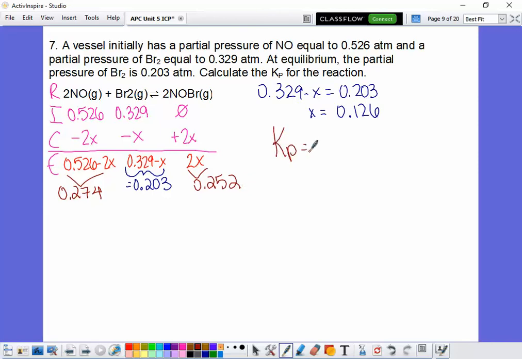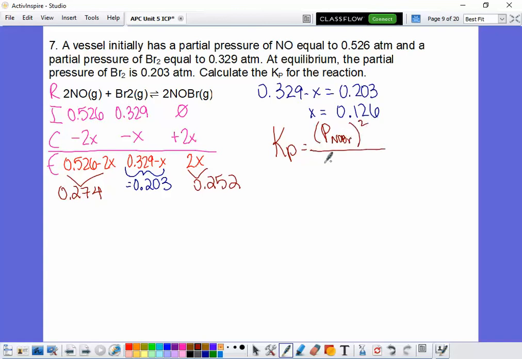Now, I think I talked about this last class, which I know was a week ago. When you're writing a Kp expression, Kc is for concentration. Those are the hard brackets. Kp is for pressure, and those are soft parentheses. And you're using a pressure notation. So at the top, it's going to be a big P, because that means pressure of NOBr. And we're going to square that.